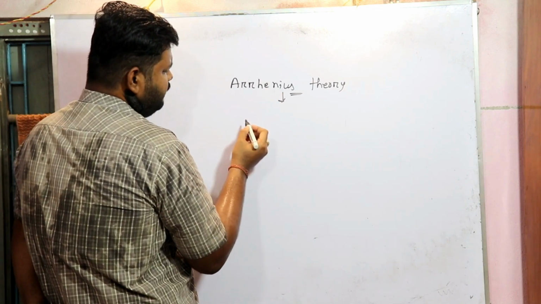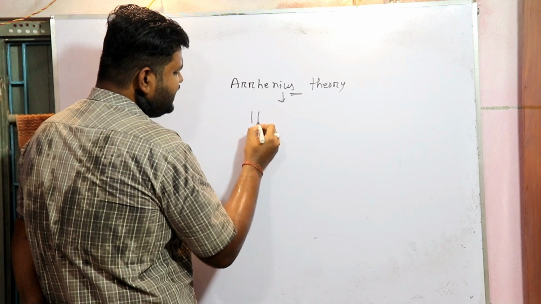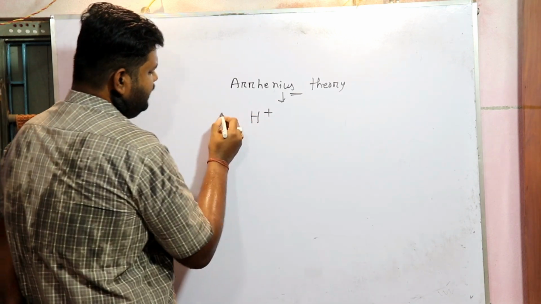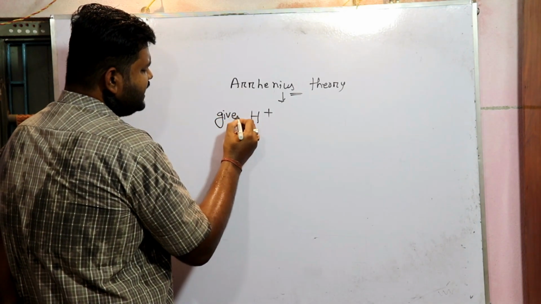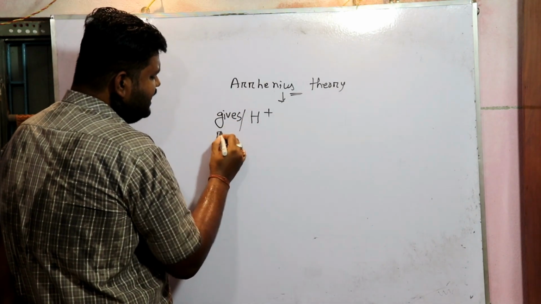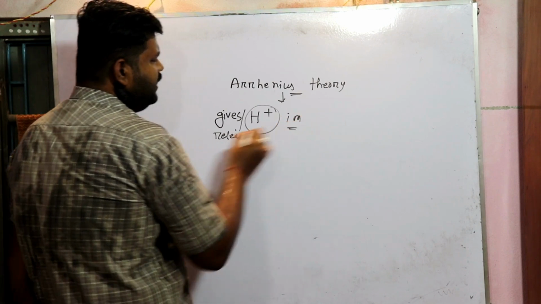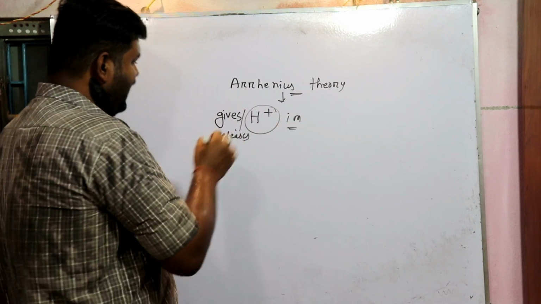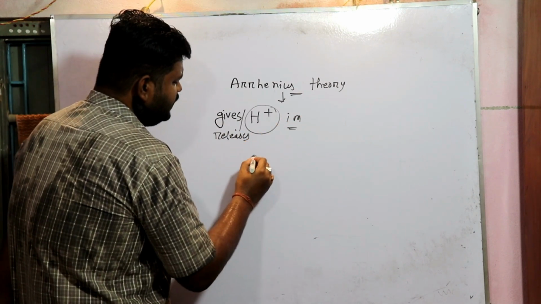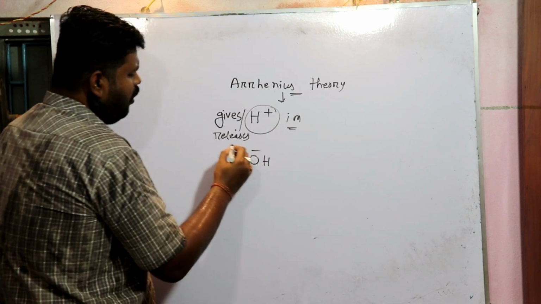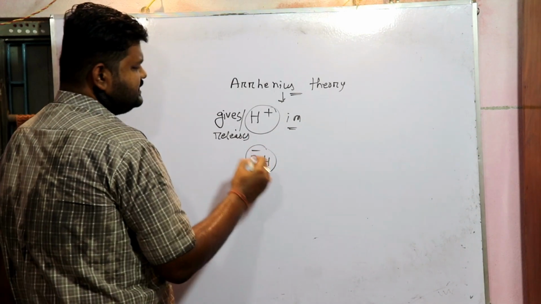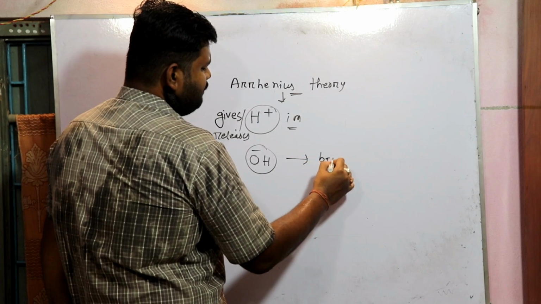According to Arrhenius theory, the substances which release H+ ion will be known as acids, whereas the substances which release OH- ion will be known as bases.